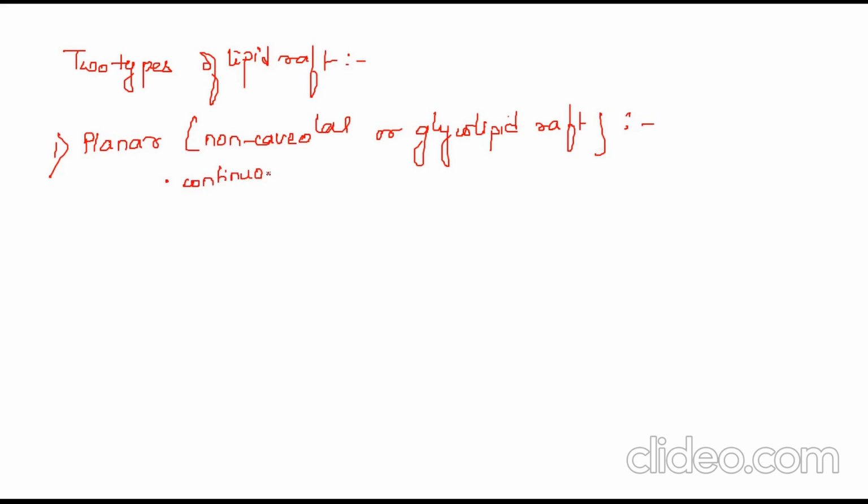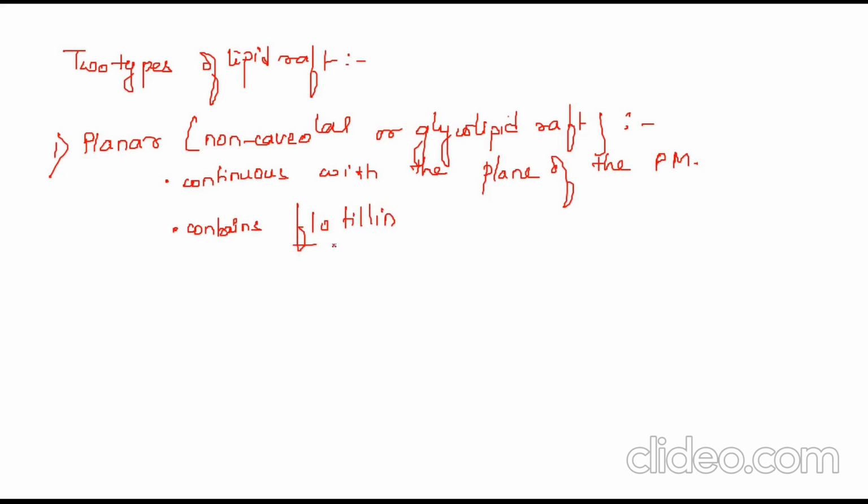They contain a protein named flotillin, and they are found in neurons, in the region where caveolae are absent.